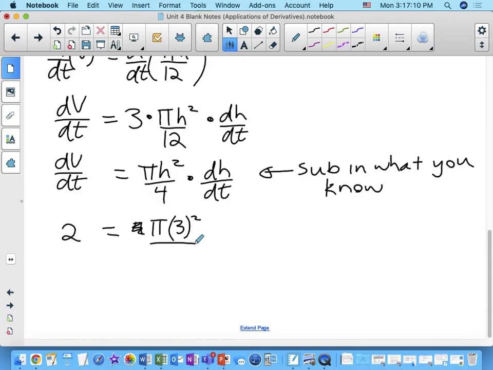So pi times 3 squared over 4 times dh by dt. So that is going to be multiplied by 4. So 8 equals 9 pi times dh by dt.